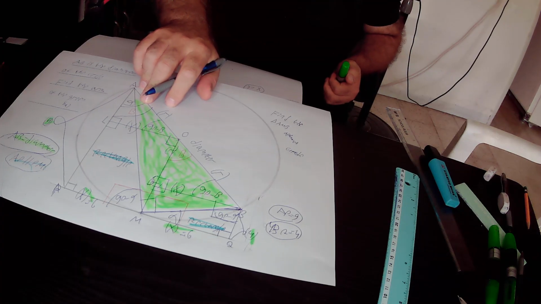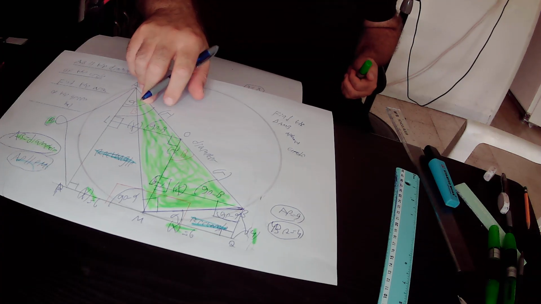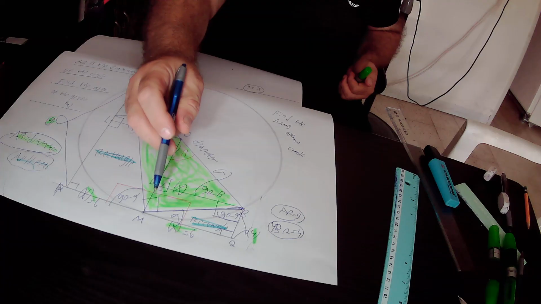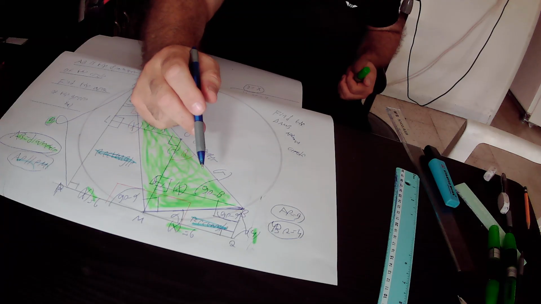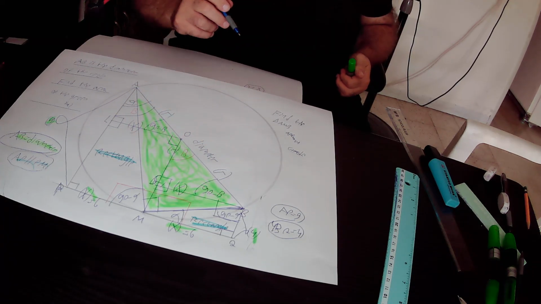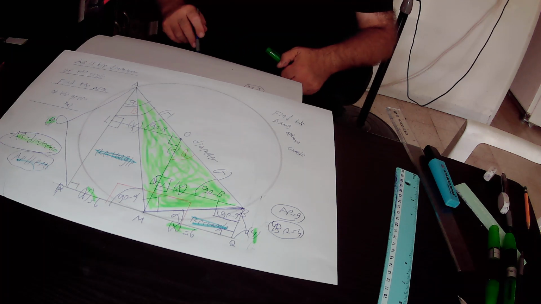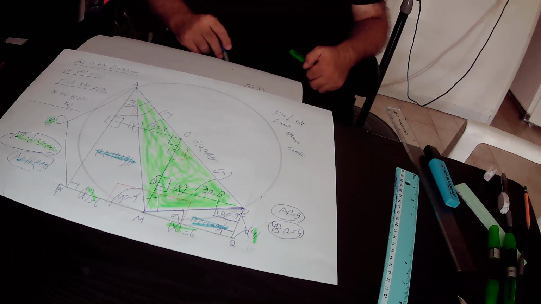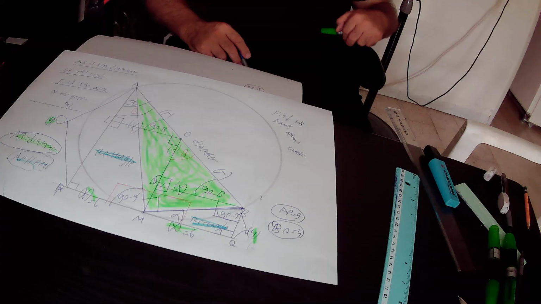In the next step, we'll implement the Pythagoras theorem on this small right triangle MBQ. According to the Pythagoras theorem, in any right triangle, the square of the hypotenuse equals the sum of the squares of the perpendiculars.